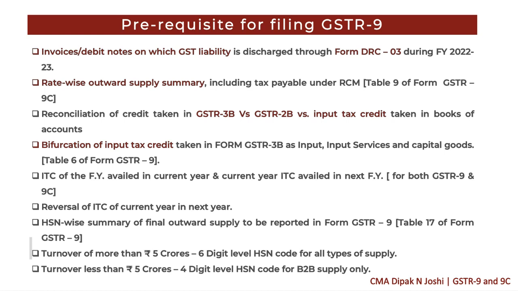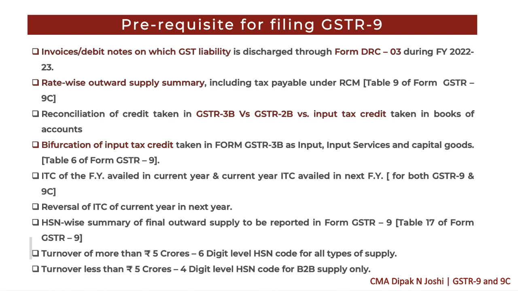Now this is important from the point of view of GSTR 9 also, and from the point of view of GSTR 9C also. In GSTR 9, in table 8C, you are required to report input tax credit taken in subsequent financial year pertaining to current financial year till 30th November 2023. Let's say for 22-23.